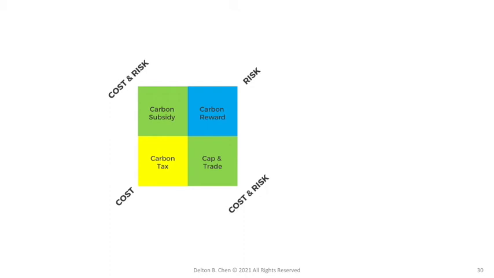These policies are not ignored. In fact, these policies can be very useful. What the carbon pricing matrix says about these policies is that they're different to the tax and different to the carbon reward because they are halfway between these two policies in terms of the matrix. Let's look at the carbon subsidy first.